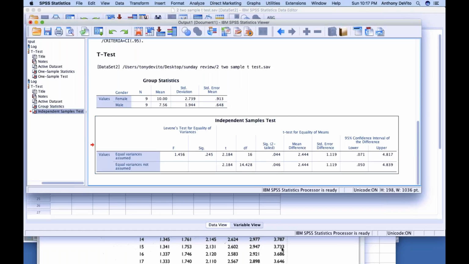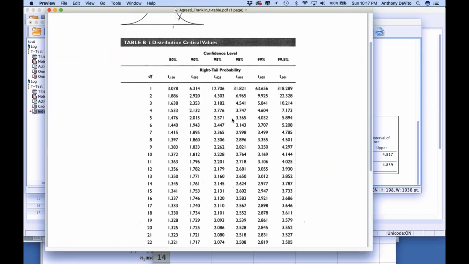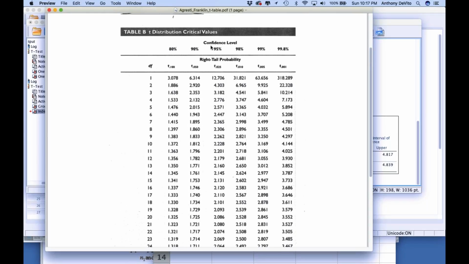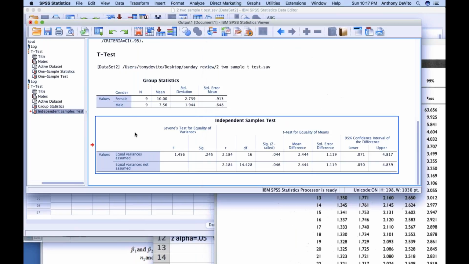So let's see what our critical value of t would be for 16 degrees of freedom. Well, it would be equal to 2.12 for an alpha of 5%. 2.12. And what did we calculate it to be? 2.18. So it's bigger than our critical value of t, which would tell us that we can reject the null hypothesis.